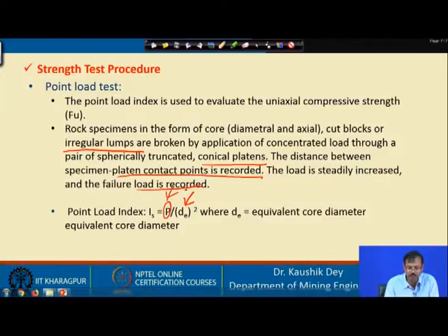P is the failure load, and dividing it by the square of the initial conical platen distance gives us the point load index for an irregular sample.